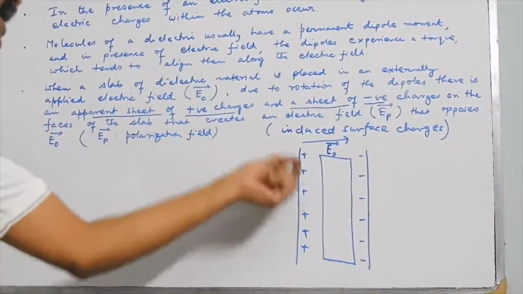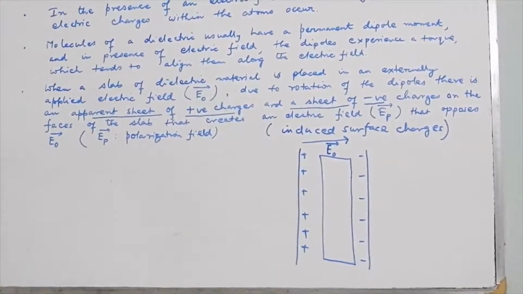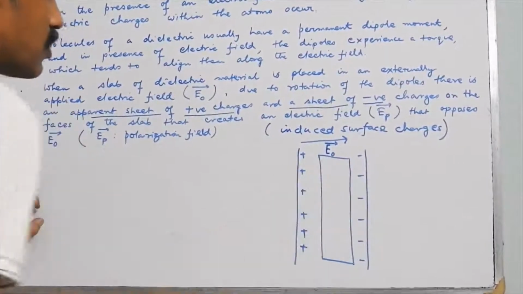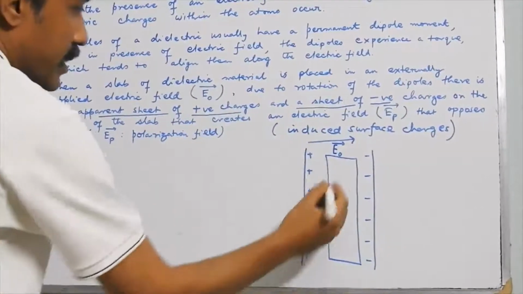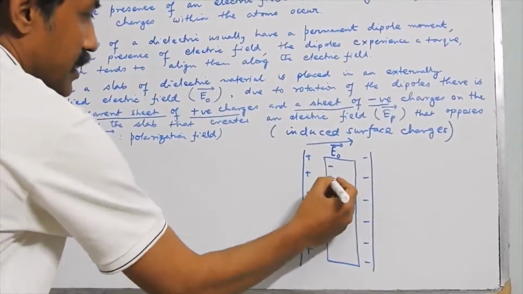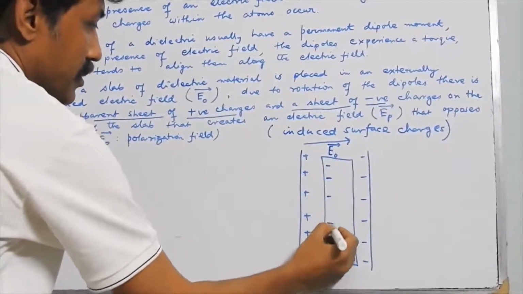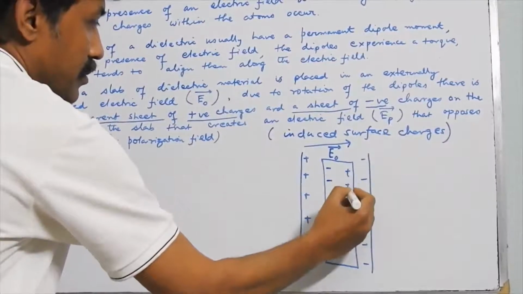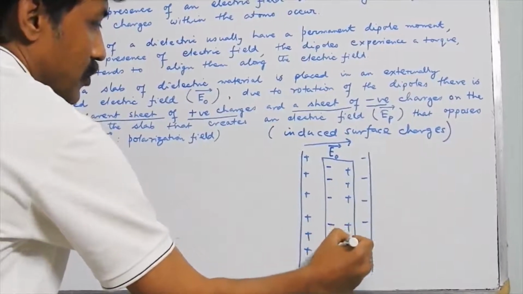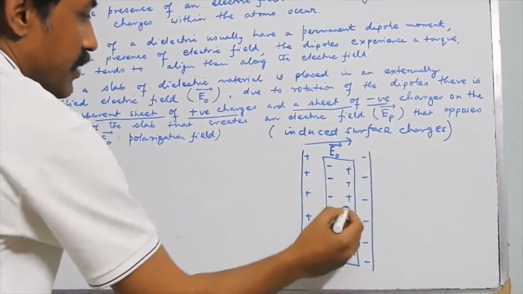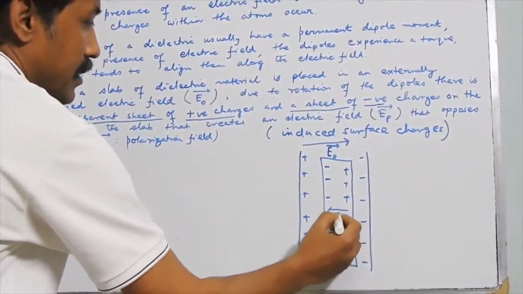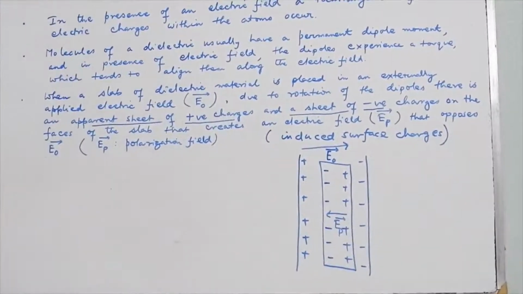The surface charges that will appear on the dielectric are such that they always oppose E0 vector. So charges that are getting induced will be of this form within the dielectric. It will create a field EP vector that opposes E0 vector.